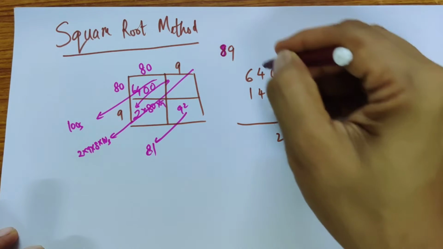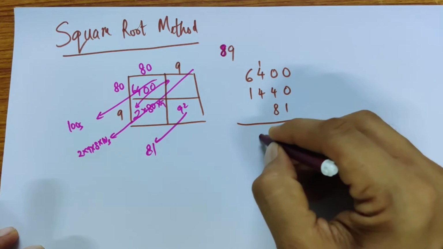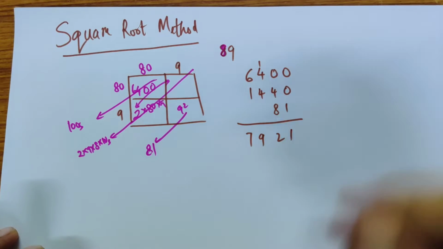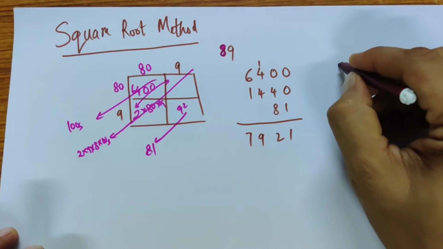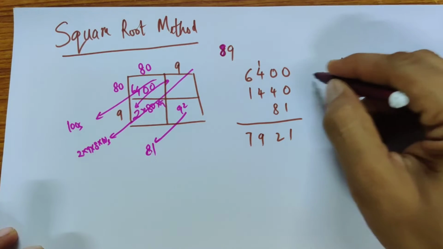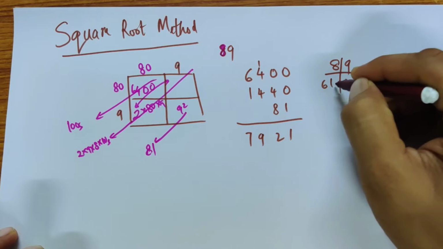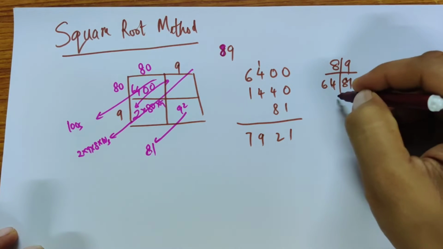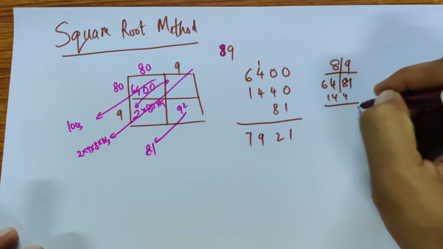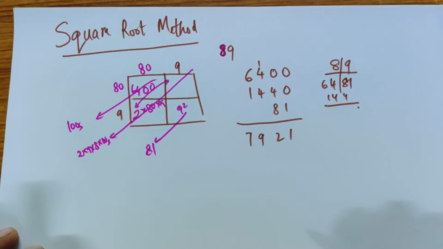So that's 7921. Of course we have our shortcut method of doing 89 square, which is similar, but you just add the 6400 and 1440 and 81 directly, and then 8 9s is 72, 144, yeah. So you get the same result.